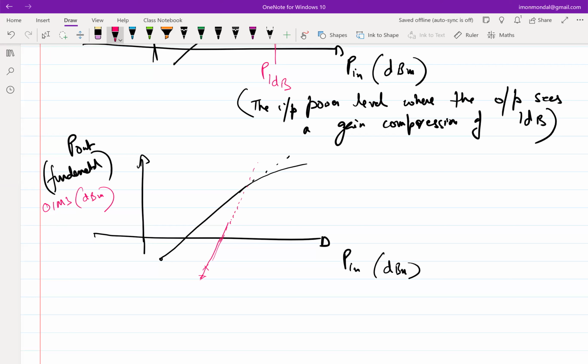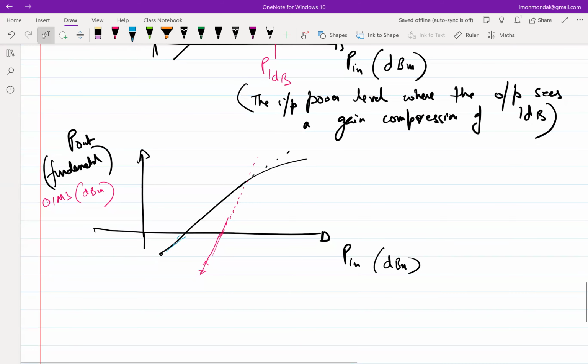Similarly, you extrapolate the 1 dB per dB line also, because at very large power you can get this gain compression. But if I simply extrapolate this 1 dB per dB line, these two hypothetical extrapolated lines are going to meet somewhere, right?